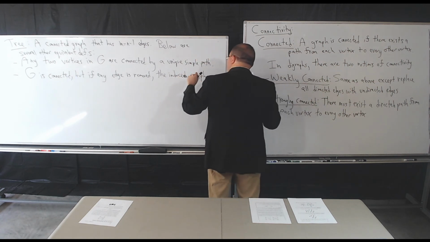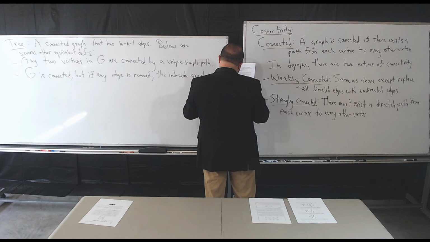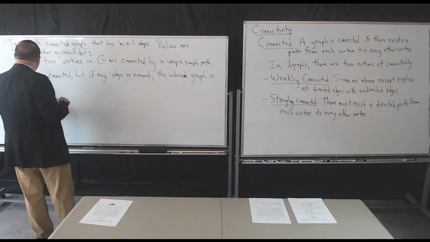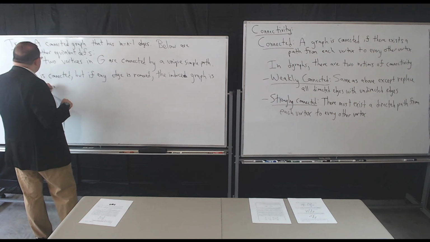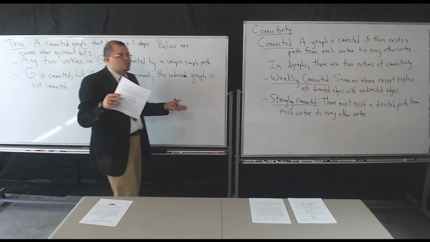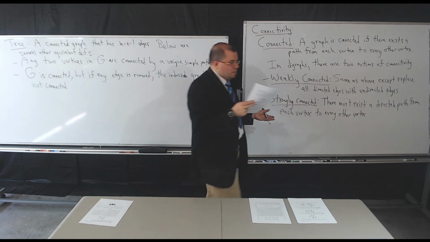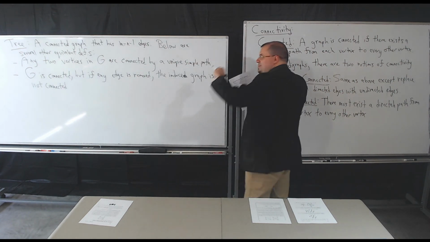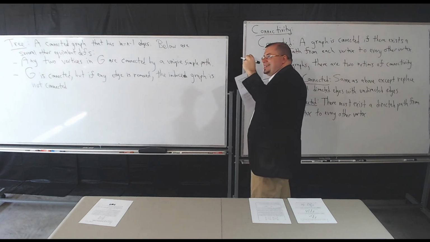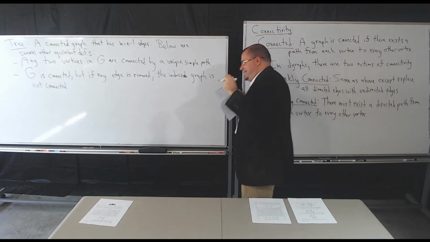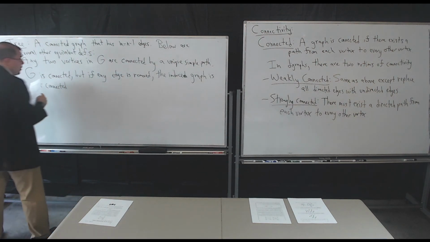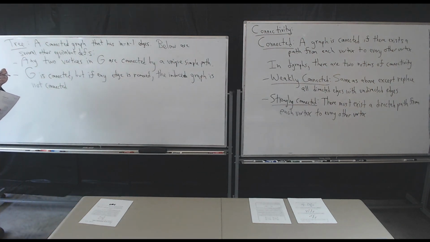If any edge is removed, the induced graph is not connected. Which, if you think about it, makes a whole lot of sense. If I give you some tree, it should have a unique path between any two vertices. So if I get rid of an edge, then I'm going to disconnect that entire graph, right? Because now there's no unique path. I broke one of them.